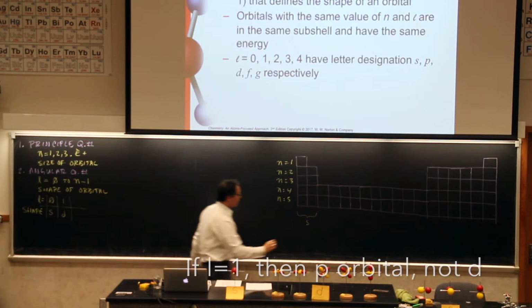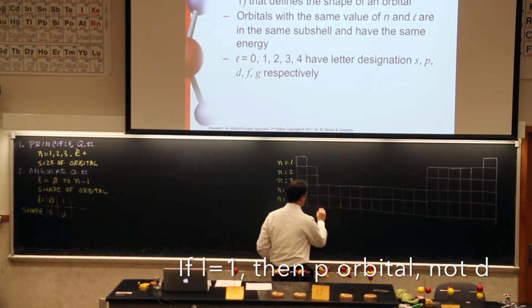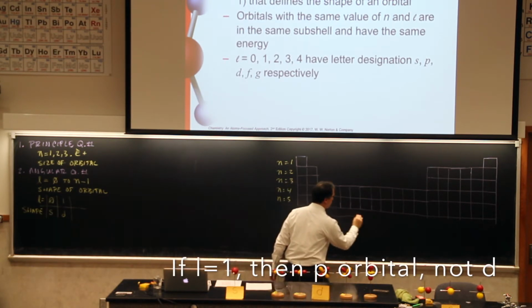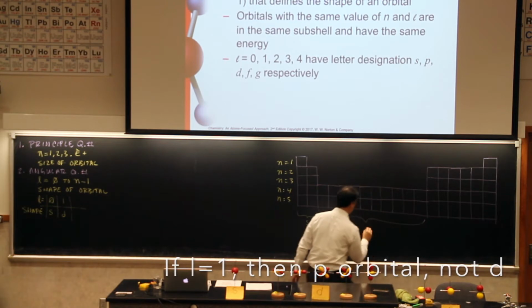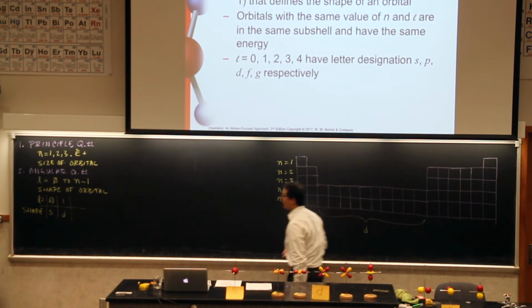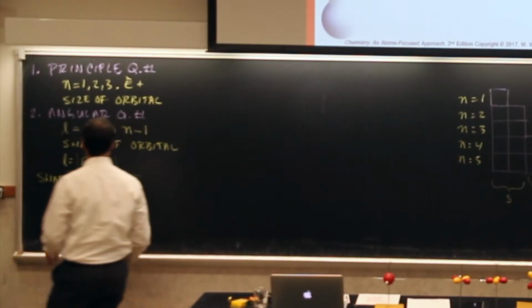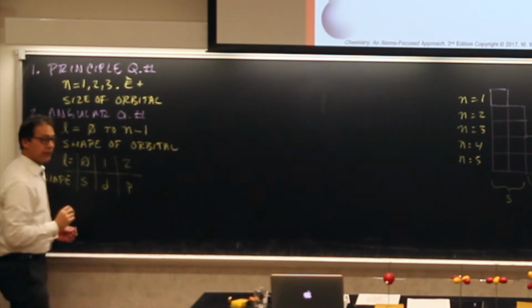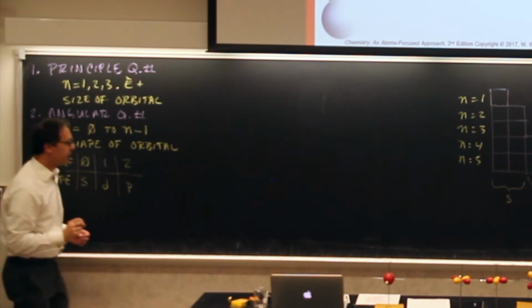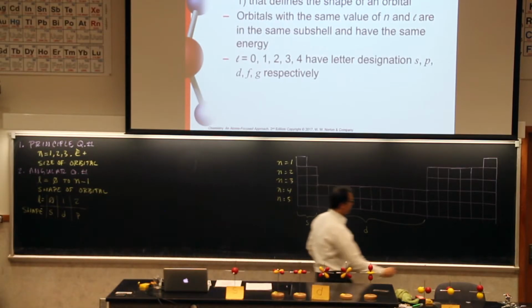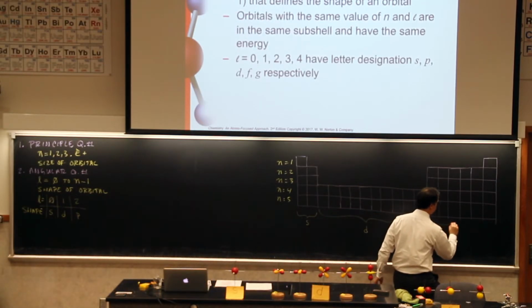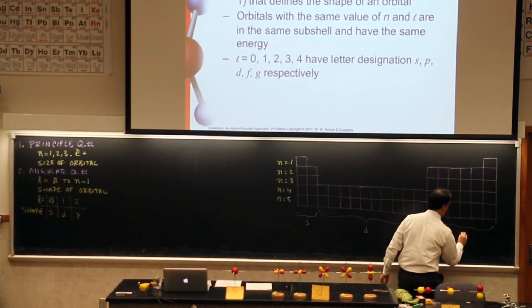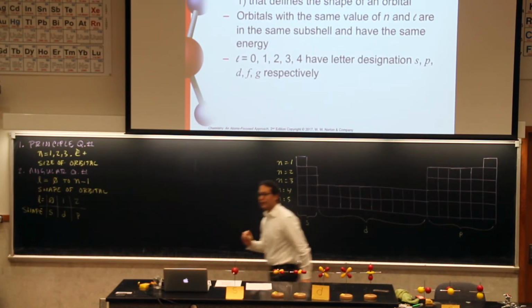And that is going to be this area here, a transition area. So like this, like that, and call that our d orbital. And if L is equal to 2, this will be our p orbital. And our p orbital is going to be down here on the end. P orbital.